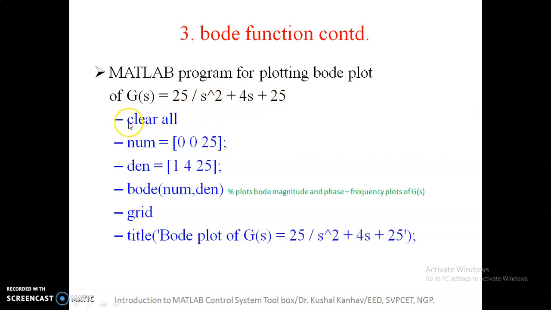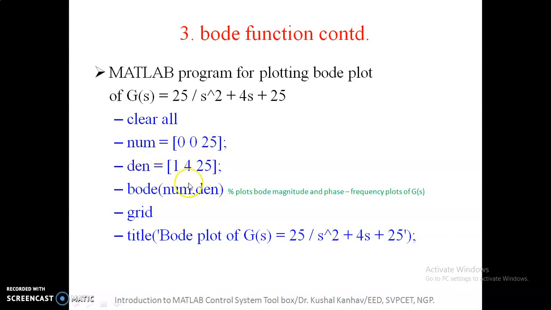We will again start the program with clear all, then we will write the numerator and denominator coefficients from the polynomial equation. Now you know how to write numerator and denominator. Then, as we want to plot the Bode plot, simply write bode. It is an inbuilt function in the control system toolbox. For whichever transfer function we need to plot the Bode plot, we represent it here as num comma den.